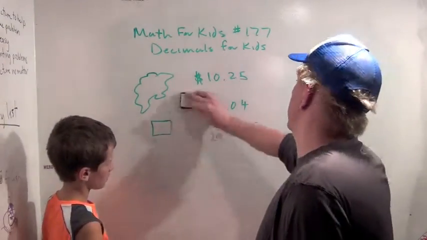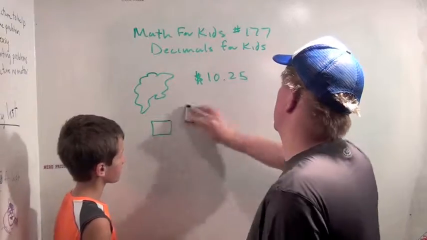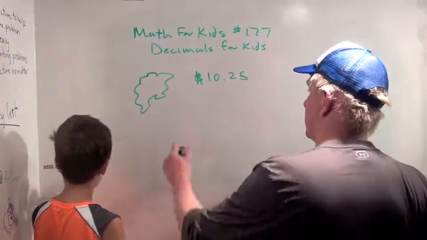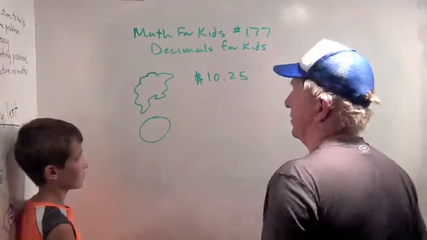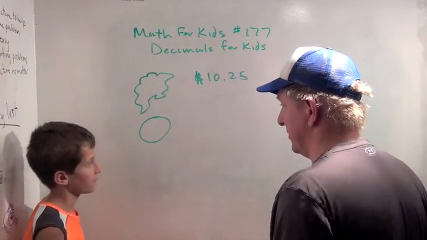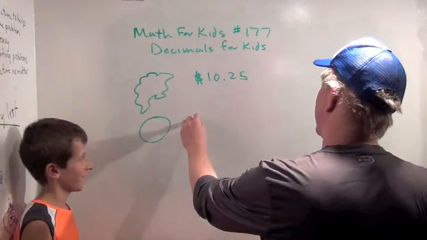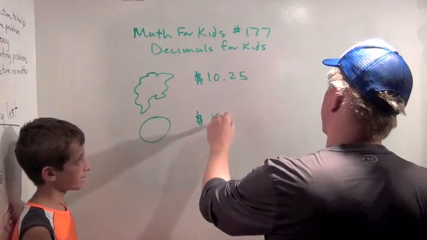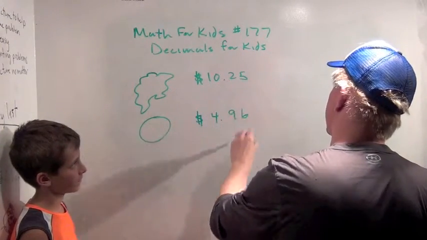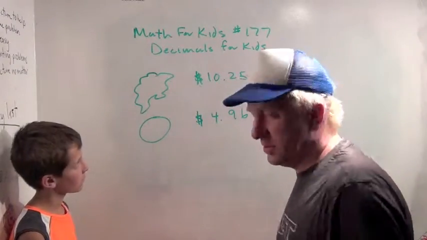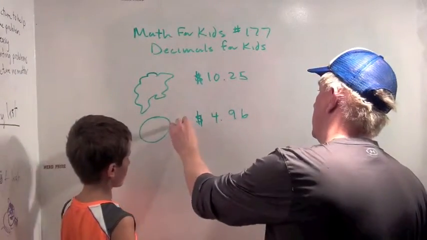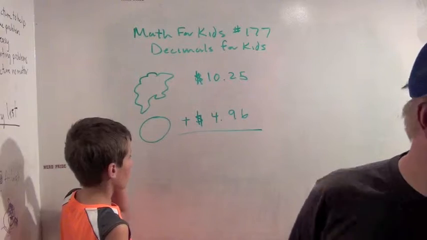Okay. So, what if instead you bought a circle? Circles are more expensive than squares, right? And let's say the circle cost $4.96. Now what would you do? Still do the same thing. Okay.